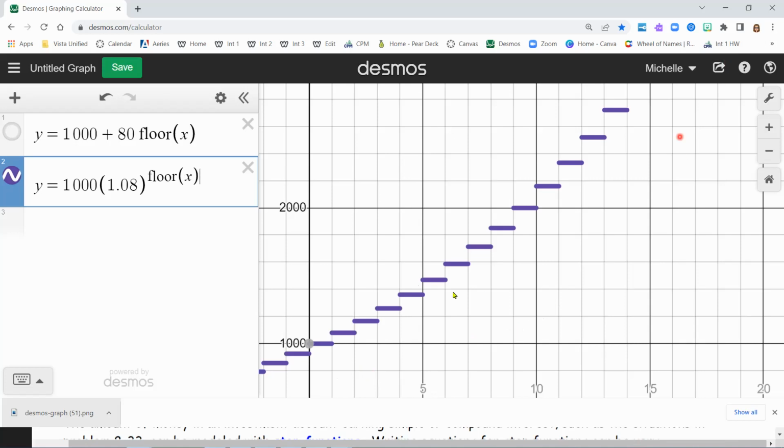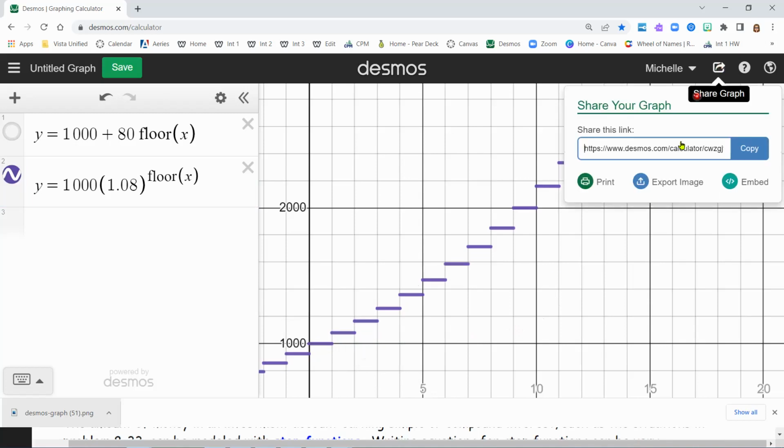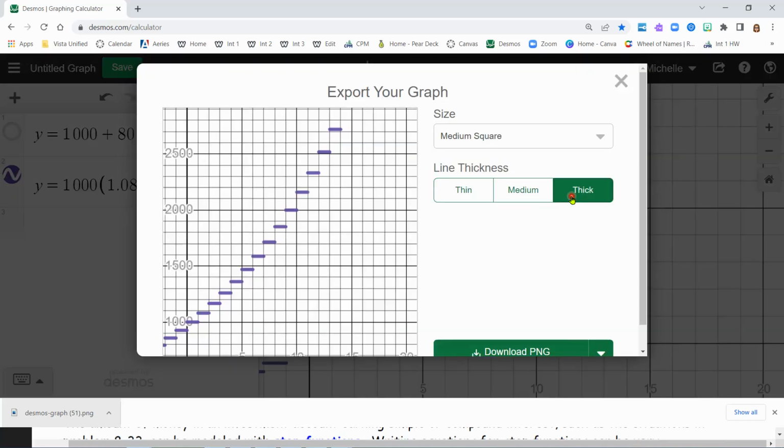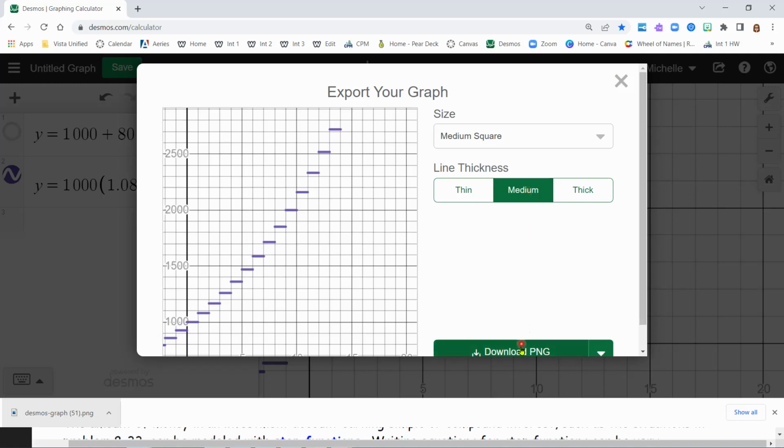Okay. And again, for year 0, until I get to 1, it's going to stay the same value as it was at year 0. Then at year 1, it's going to stay at that for the whole year until I get to 2. Okay, that's a step function. So I'm going to come up and share again, export. Again, I'm just going to choose the medium. I guess it's thick or medium. Doesn't matter, whichever one you prefer. And I'm going to get that here.